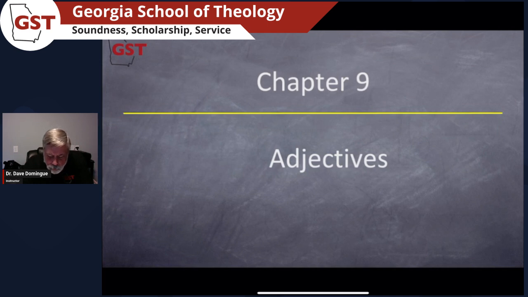In Matthew 6, verse 13, when the disciples asked about the Lord's Prayer, part of Jesus' response is, deliver us from evil.